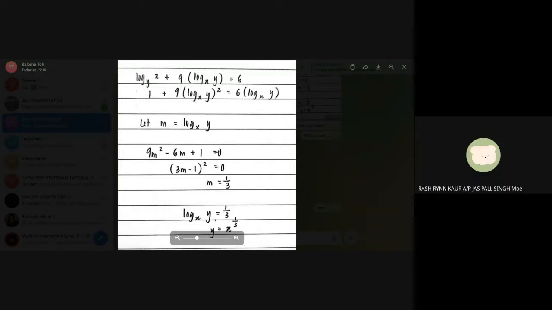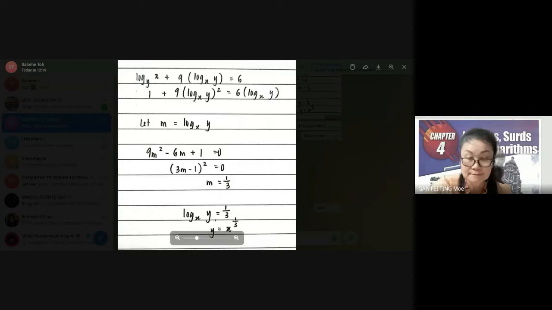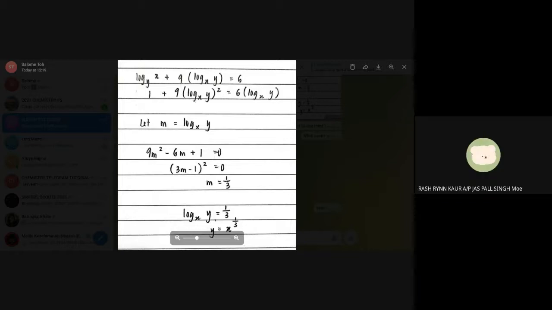Okay, so the question is, we have to express y in terms of x. What I did at first is I converted the log base y of x to a base x logarithm so that the bases are the same.